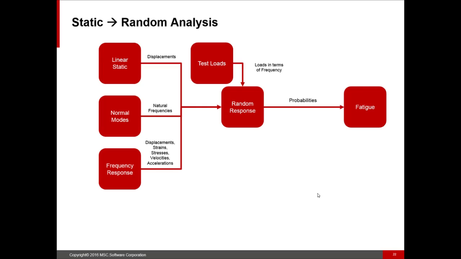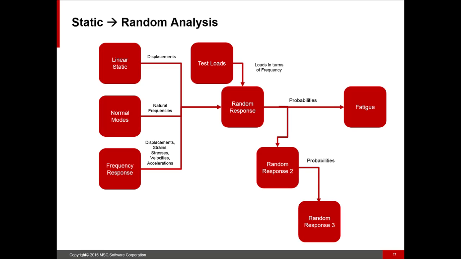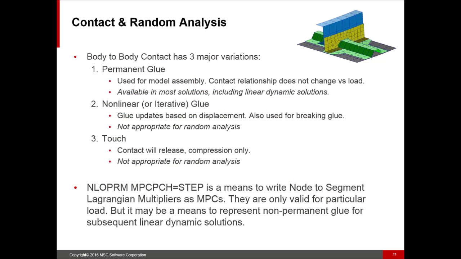Even if you're doing direct frequency response, you want to know what the natural frequencies are. It's going to guide you in your mesh size and also gives you a sense of if there's any problems with the model. And then frequency response is another aspect of it, and then frequency response with the input PSD or our loads allows us to do a random analysis, and that may be daisy chained together.